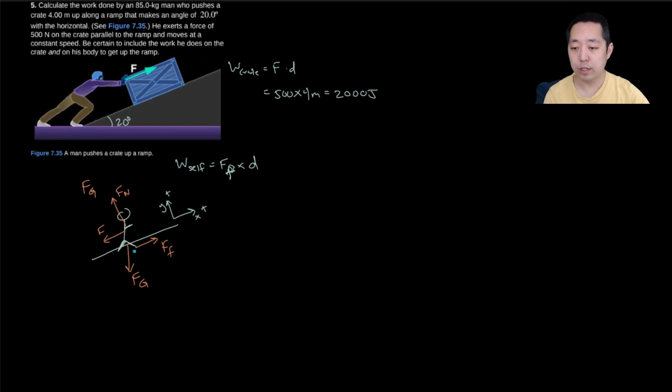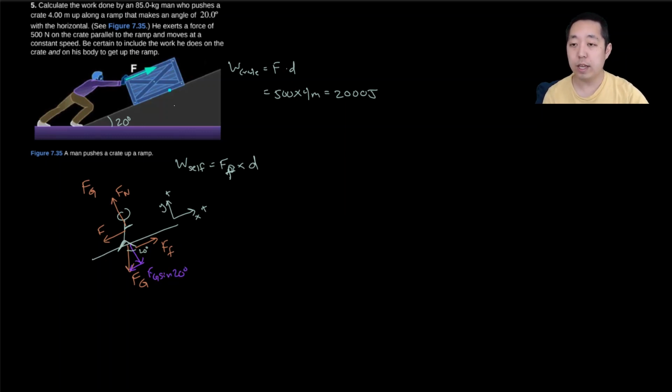The normal force is in the y direction. Gravity has two components: a component in the x direction and a component in the y direction, and this angle is 20 degrees. What I really care about is the force in the x direction, because I'm trying to solve for the force of friction. So this force here is Fg sine 20 degrees.